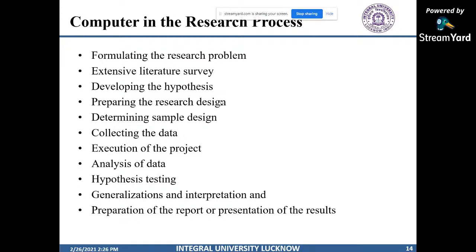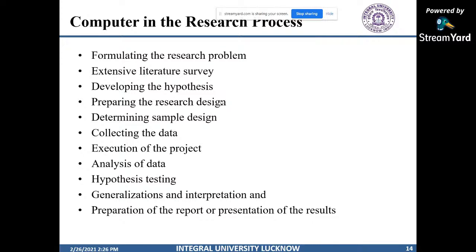After this type of literature survey, you will be able to find the research gaps, and to fulfill these research gaps you will be proposing some objectives. After developing your hypothesis, you will be preparing the research design and determining the sample design.